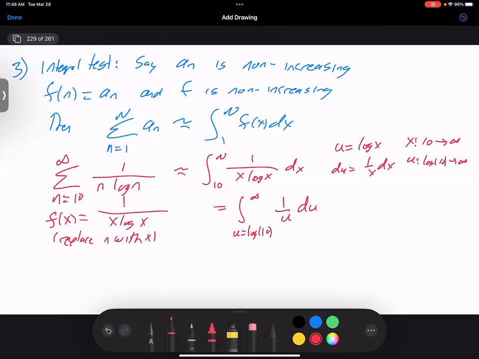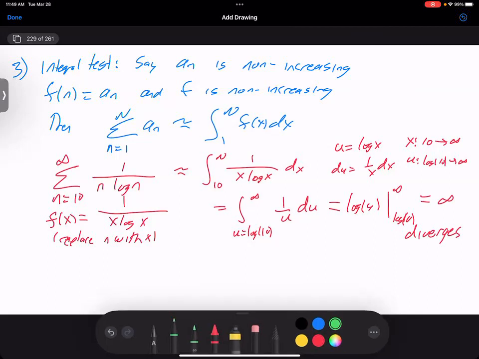Does everybody see how I got this? Yes. So what function has derivative 1 over u? ln. Yep, so this would just be the natural log of u evaluated at the log of 10 and infinity, and that's just going to be infinity, so it diverges. So 1 over n log n diverges.